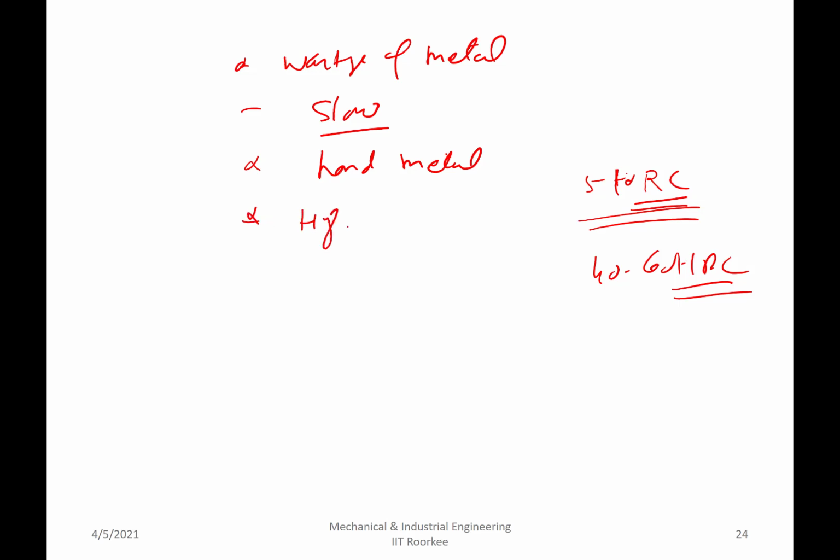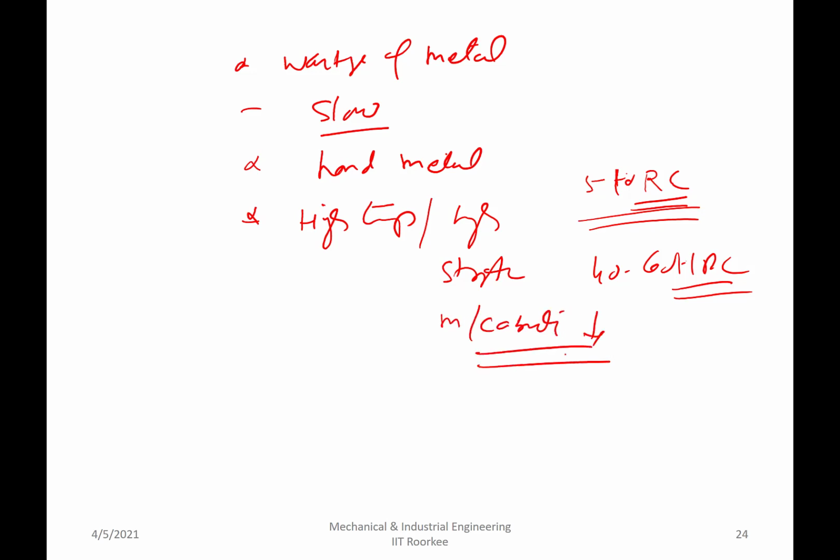This also cannot be used easily for many high temperature and high strength metals, like austenitic stainless steel, super alloys, titanium. They impose a lot of difficulty in machining. So their machinability is poor, their machinability is low.